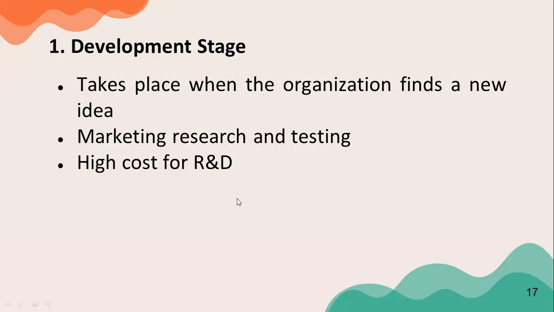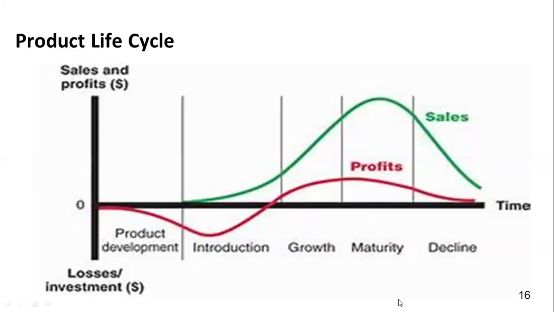So this is the product life cycle, right? I gave you a question. Most of you have not answered very well actually for the product life cycle question, right? So pay attention to this time as well. We are discussing the product life cycle. As I mentioned previously, a product has a life cycle.